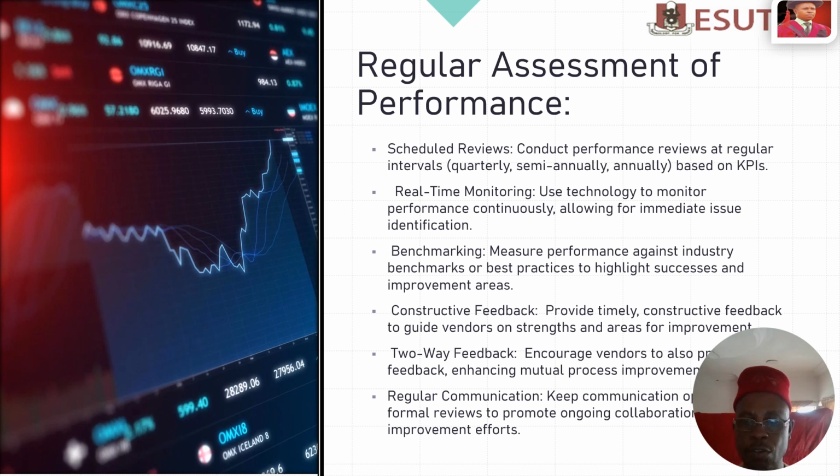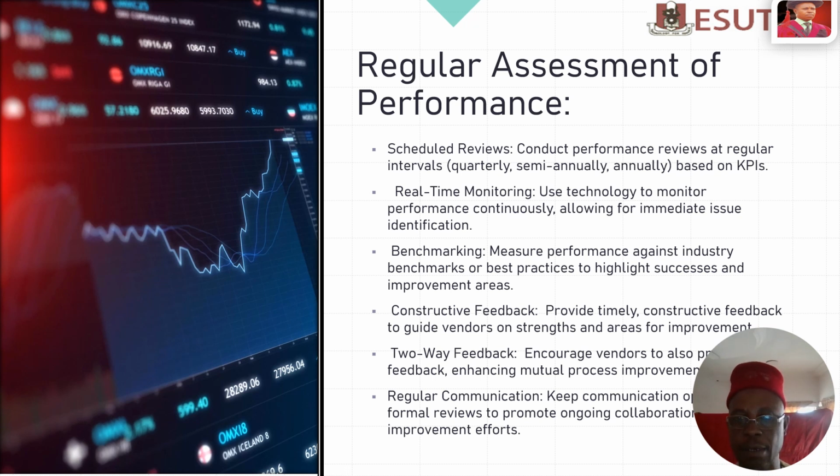Utilize technology to monitor performance in real time where possible. This can help identify issues as they arise and before they impact the business significantly. Benchmarking. Compare performance against industry benchmarks or best practices to identify areas of improvement and celebrate successes.